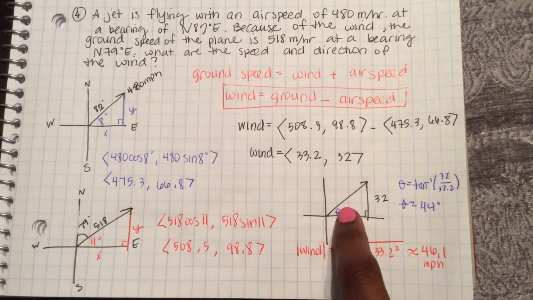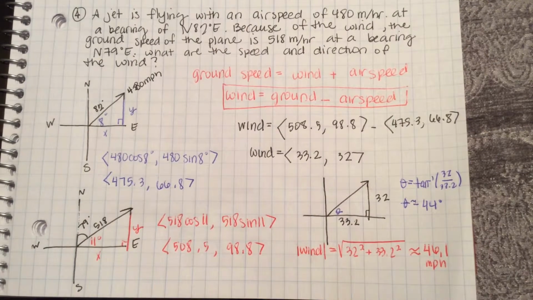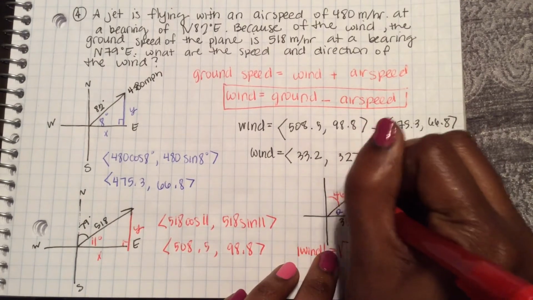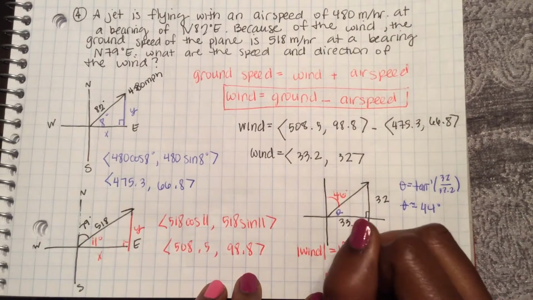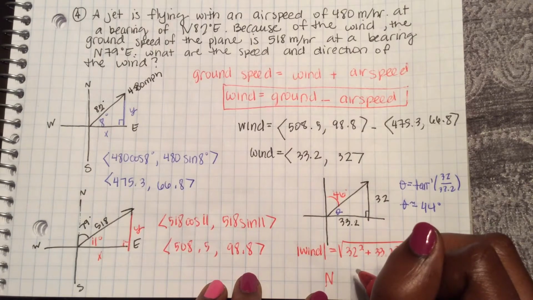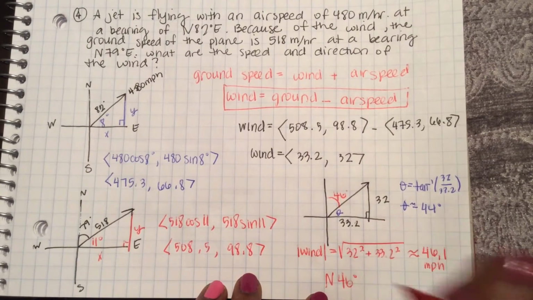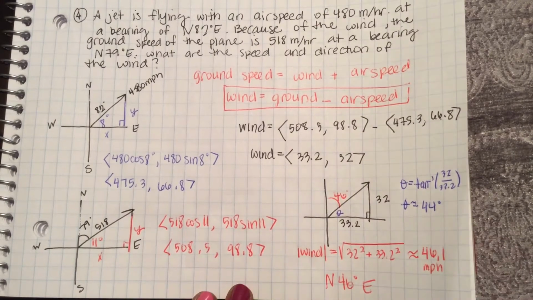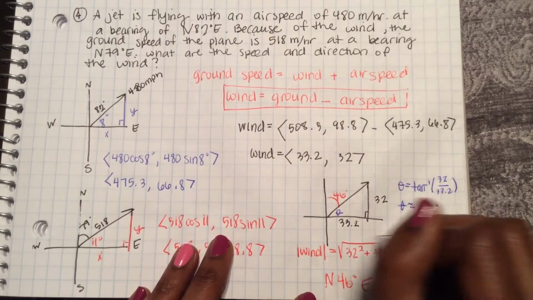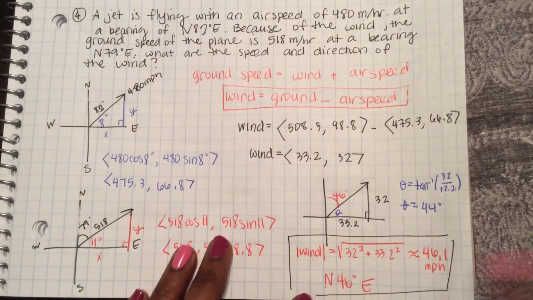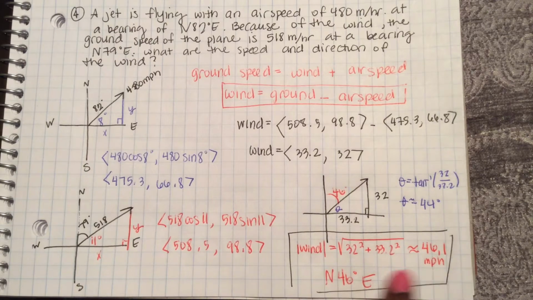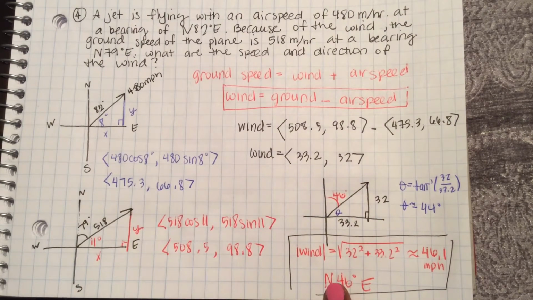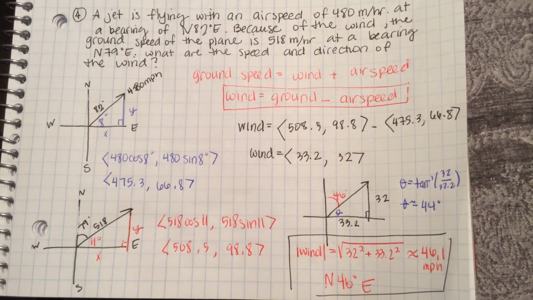So if this angle is approximately 44, I can subtract that from 90 to find that this angle is 46. So the direction is north, and then we go 46 degrees east of that north. So this is our final answer. The magnitude is our speed, 46 miles per hour, at a direction of north 46 degrees east. So this was a very involved problem.